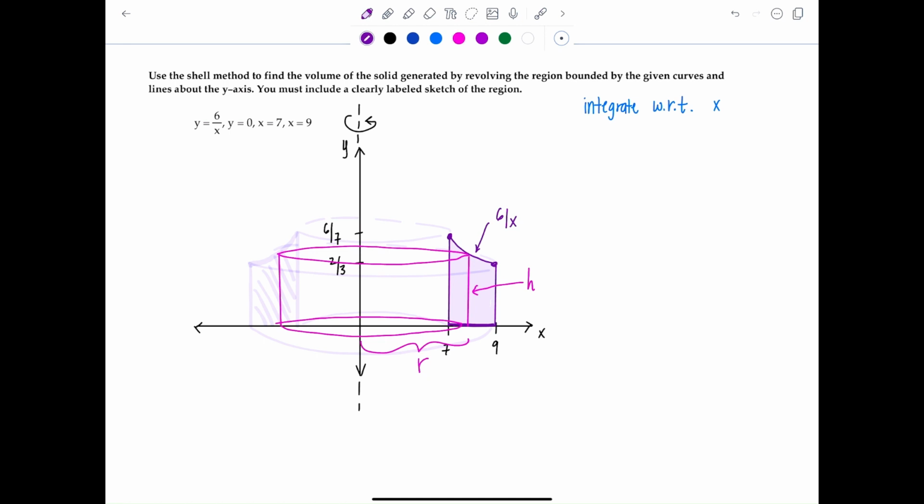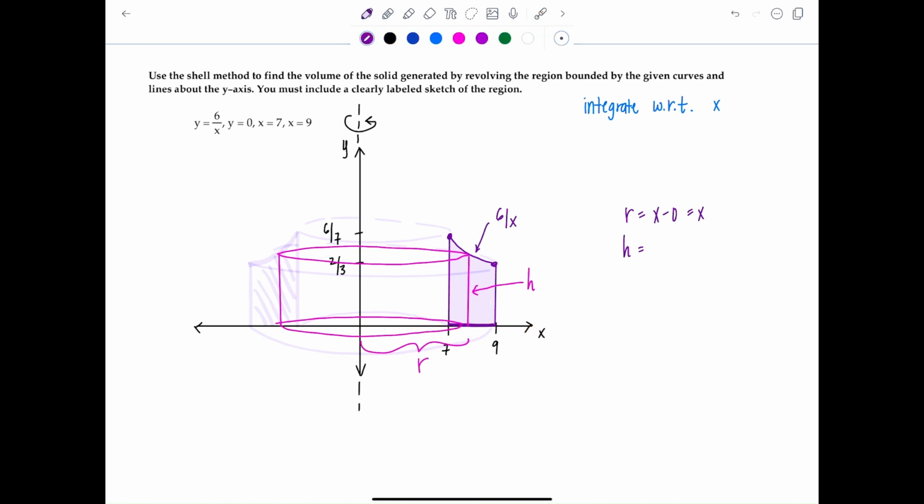Let's see if we can identify them in terms of x. Radius again, right minus left. This is whatever x is minus, we're just spinning around x equals 0. So it's just x minus 0, or x. What about the height? Top minus bottom. 6 over x minus, this is y equals 0.